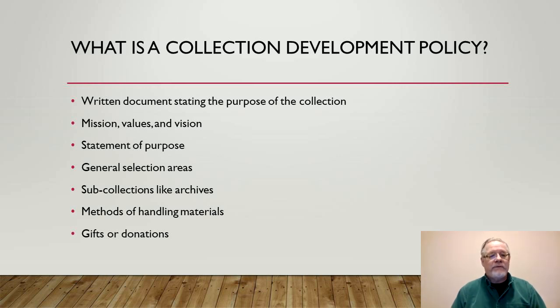A lot of times it's broad enough that the library can buy books that fit into the collection areas that the library normally does, and then they just assign a donation for that book. That would be an example. But you should have it spelled out in a collection development policy. How do you handle gifts? How do you handle donations?